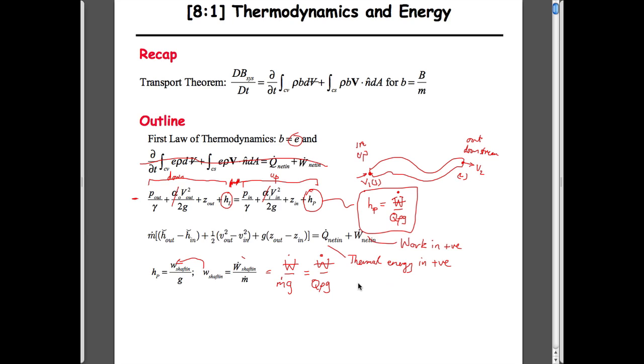And these are velocities and elevation heads, and mass flow rates are always positive in the system. And what is this? This is enthalpy. Again, in and out, and that's the sign convention for that. So those are the two equations you need for thermodynamics.